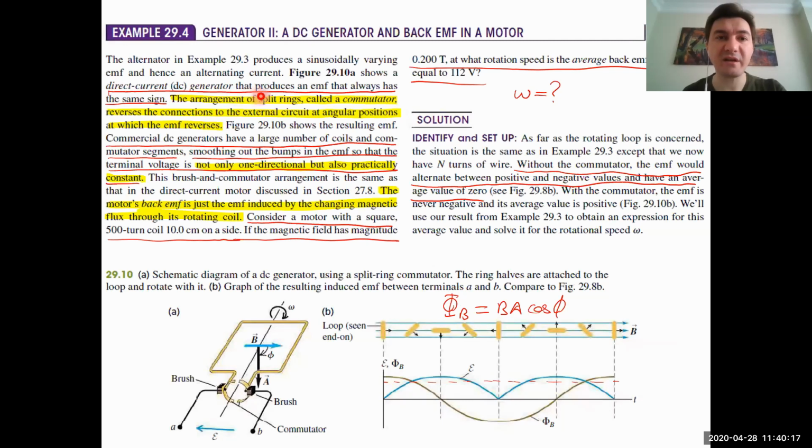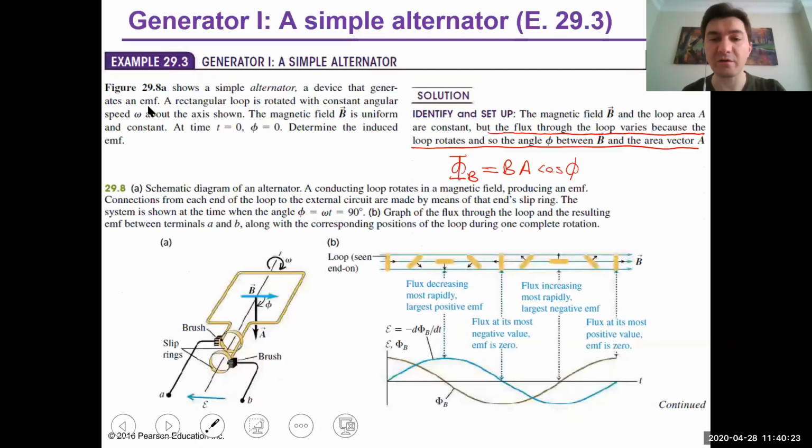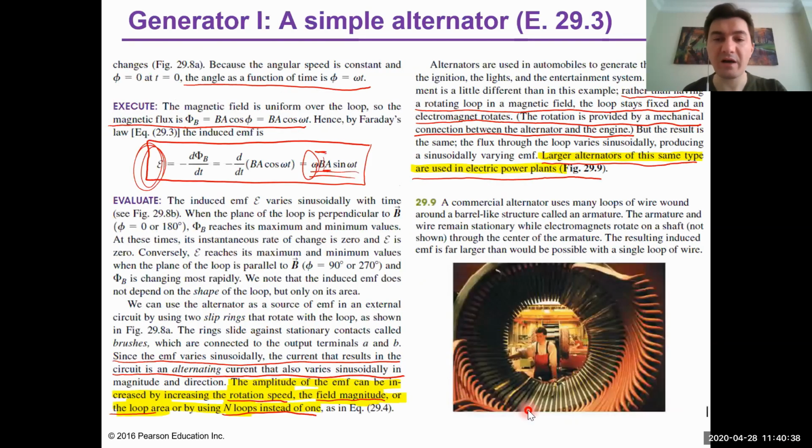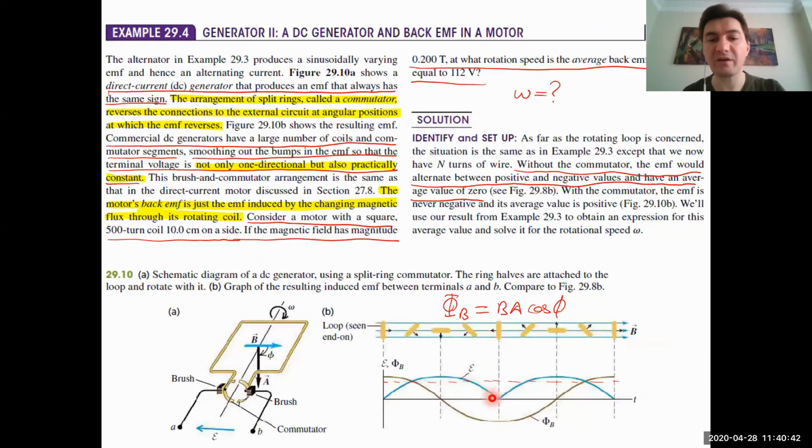A DC generator produces an EMF that always has the same sign. Look at this one. In the previous case, in an AC generator, here we have EMF, and the sign of EMF is positive here and it goes to negative, okay? But in case of DC generators, the sign is always positive, okay?